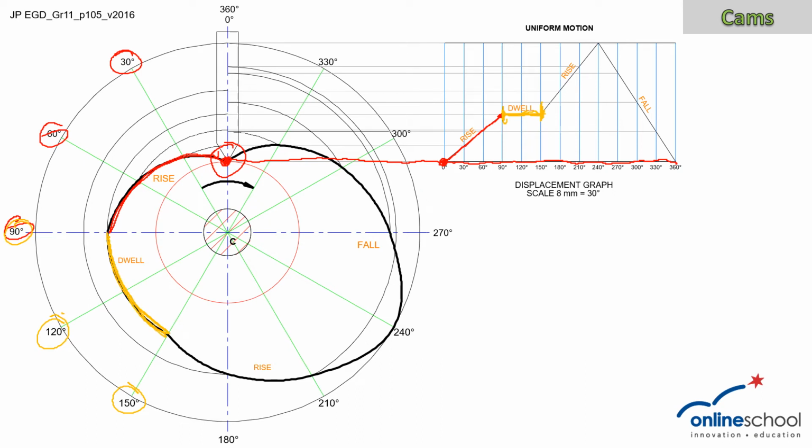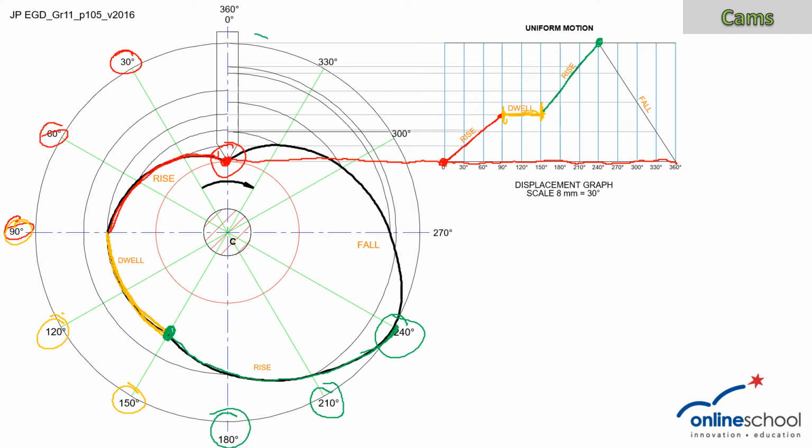From there, it's going to have a steady rise again all the way to the maximum displacement at 240 degrees. So from 150 degrees, we also have a rise through 180, 210 to 240 degrees. There we have the steady rise of the follower all the way to the maximum displacement.